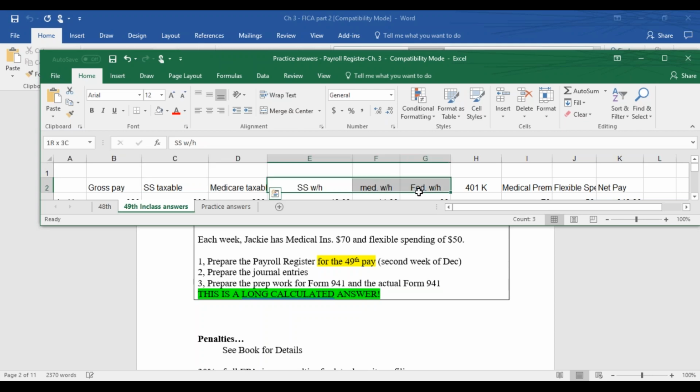Then the 3 items that are going to be withheld from the paychecks each get a separate column. I also have a column for each of the 3 payroll deductions that the employee opts to have withheld, and then their final net pay. So if you haven't done the payroll register yet, do it now using these headings for the 2 employees.